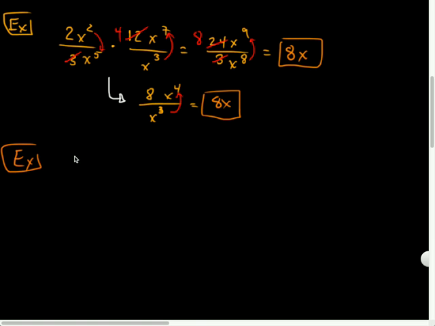Should I just do a straight simplifying one first? Nah, maybe. What if I've got 4x to the 2nd minus, and let's say I've got 2x all over, let's say I've got 2x minus 1.